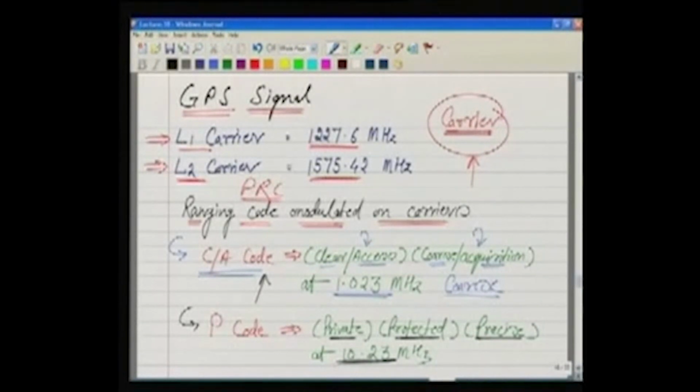That's why it is precise, and this code is not available to the civilian users. Rather, this code is designed for the military, because initially when the GPS started, they were started keeping the military applications in mind. So this code is a kind of protected code.